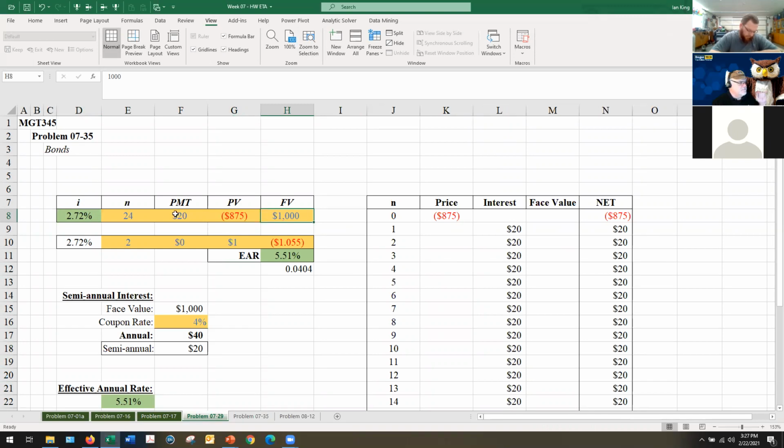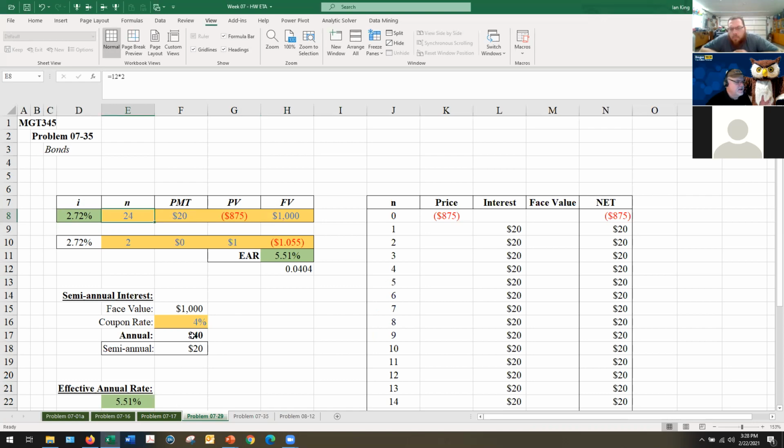Now, the most common thing people mess up on is the same thing we did when we talked about compounding on bank loans. It's a 12-year bond with semi-annual payments. That means twice a year, so you're actually getting 24 total payments over that 12 years.